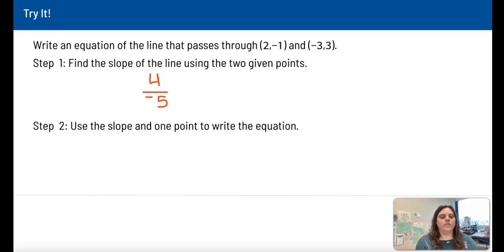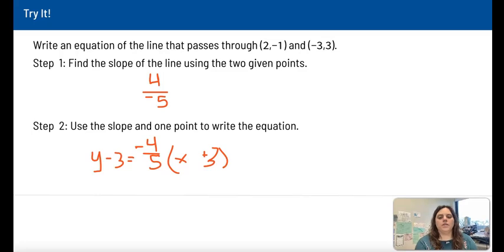And then we can either write y minus 3 equals -4/5 times (x plus 3).